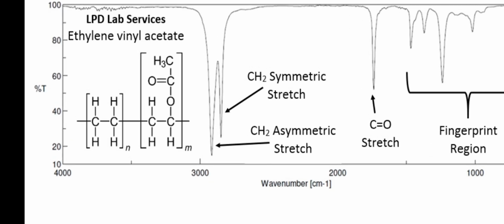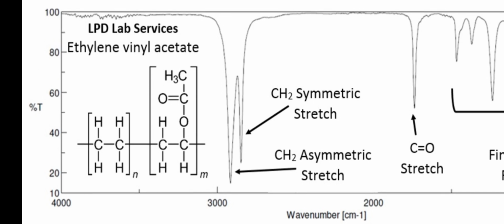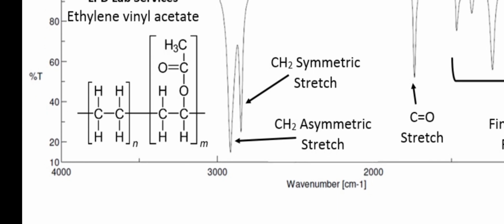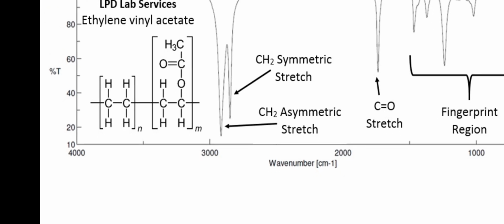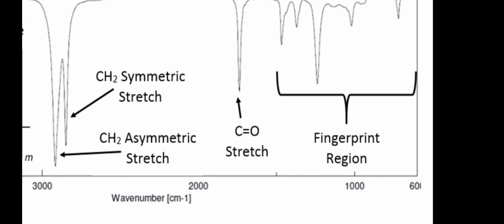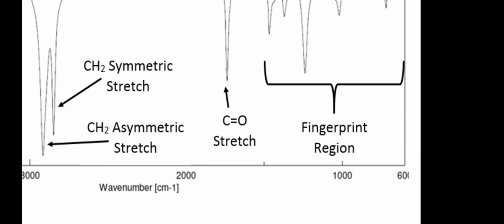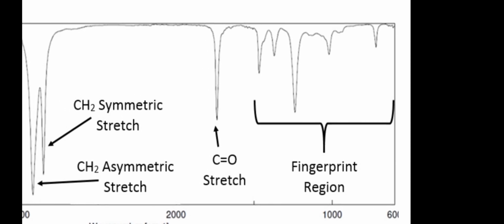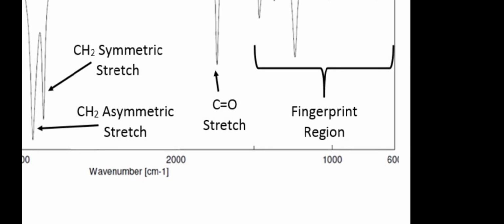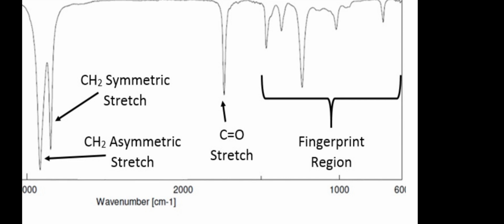The first stretch is the CH2 stretch, which occurs around 3000 centimeter inverse, and the other CH2 stretch, which occurs beside it, around 2900 centimeter inverse, and the carbonyl stretch, C double bond O stretch, occurs around 1800 centimeter inverse, and there is a fingerprint region which lies from 600 to 1500 centimeter inverse.